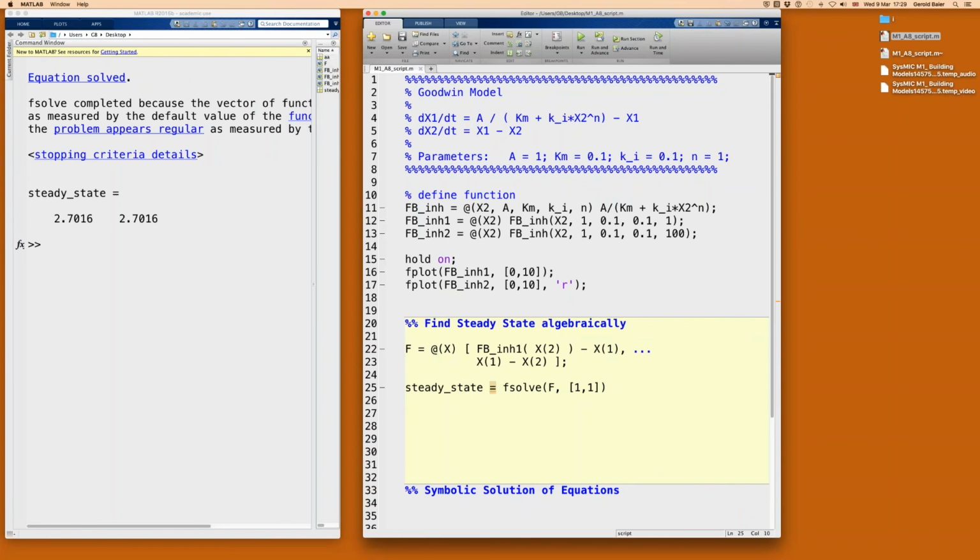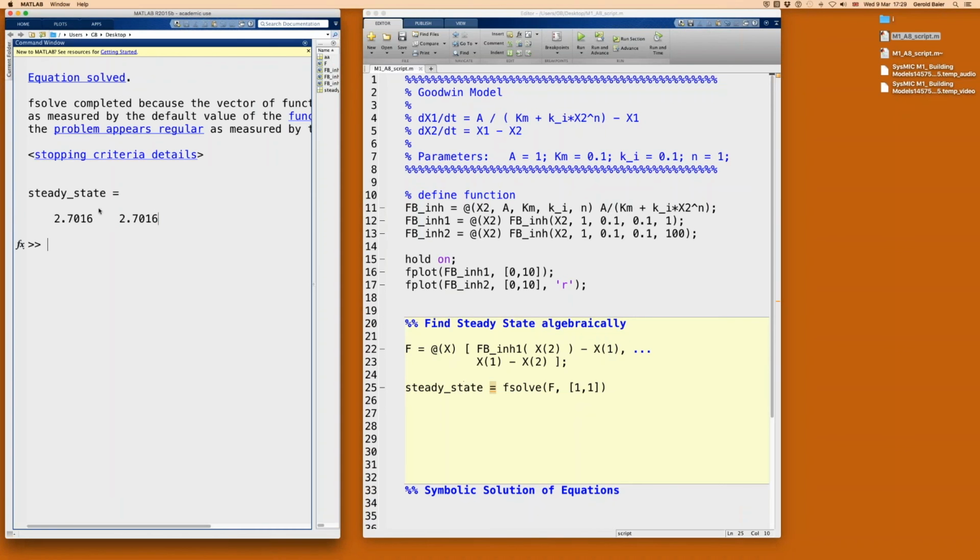Running this section only, steady state comes out because we have not put a semicolon at the end. We can see it in the command window, and it says steady state has two values, the first and second. If we look at them closely, they're actually the same value, 2.7016, meaning the prediction is that the steady state for both will reach the same level. The steady state means when dx/dt equals 0, so dx2/dt equals 0.